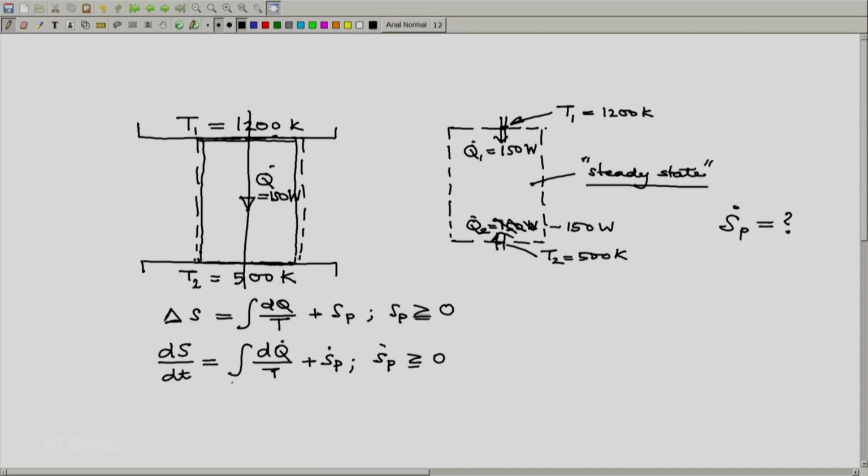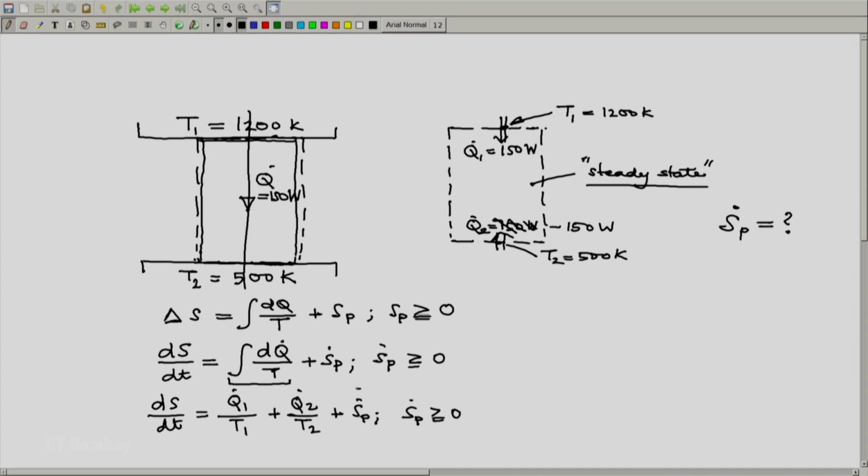Now, expanding this term, we will get dS by dt equal to, this Q dot is at two places, one at the top which is Q dot 1 by T1, the second part would be plus Q dot 2 by T2 plus S dot p, with the second law being S dot p greater than or equal to 0.